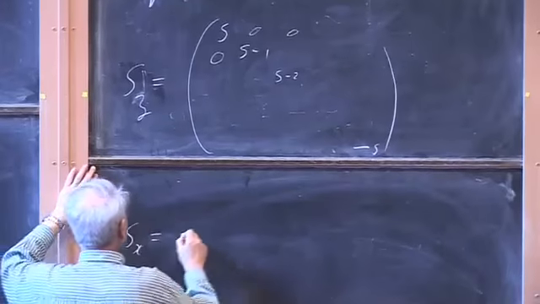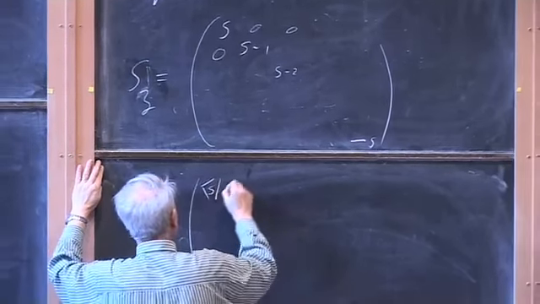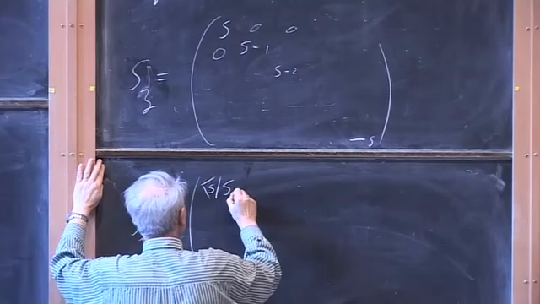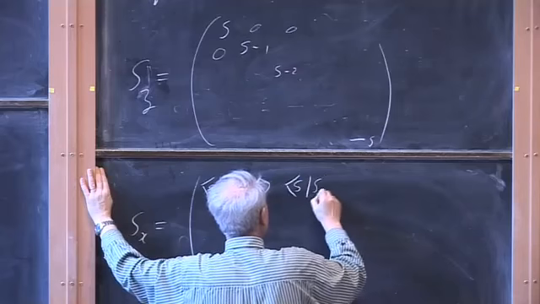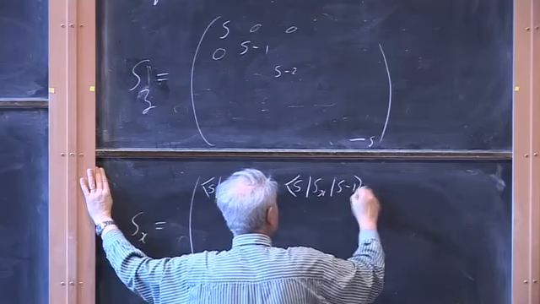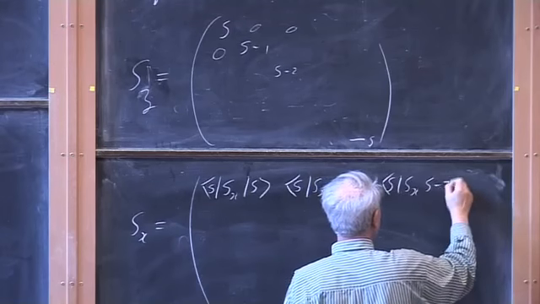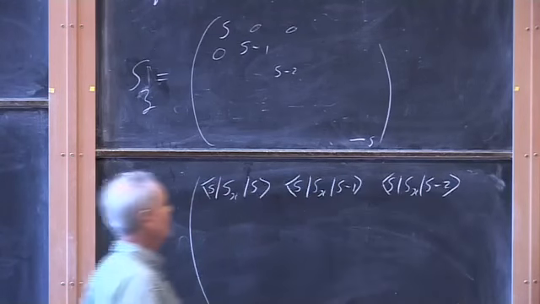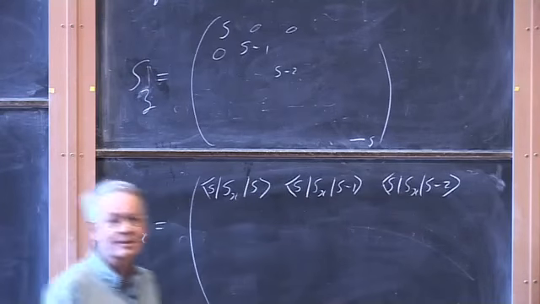Sx is going to be, here we will have the state S, S, Sx, S. Then here we will have S, Sx, S minus 1, and so on. S, Sx, S minus 2. If you want to apply this in classical physics, this matrix will be of order 10 to the 30-something by 10 to the 30-something.